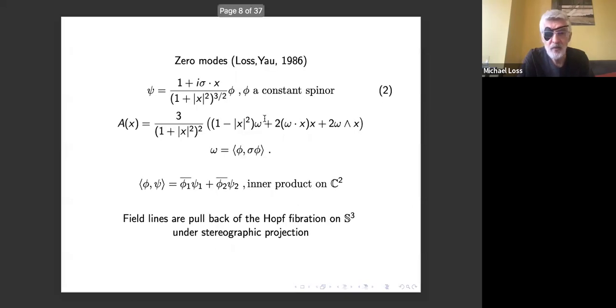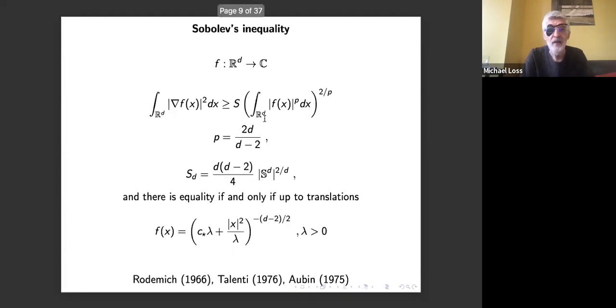Now, I would like to address the question, well, how big in some sense does a magnetic field have to be that it actually supports a zero mode? And for that, I would like to go back to, and this sort of governs what's going on, and explain the Sobolev inequality. So we think of the function f, a function from R^d into the complex numbers maybe, or real numbers.